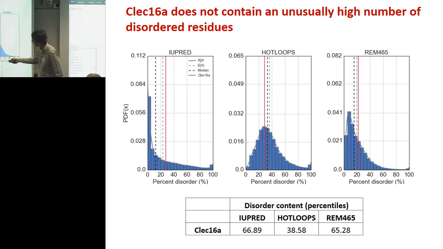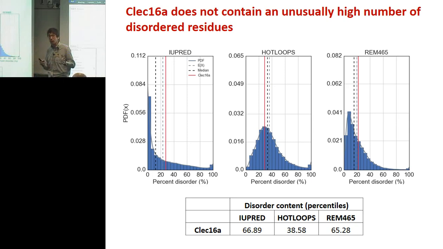These are the distributions of the entire mouse proteome. And you can look at where the median and the mean are sitting, and where CLEC16 is sitting. So CLEC16 is sitting around 30, which is very close to the expected value. It's an average protein when you look at the total number of residues.